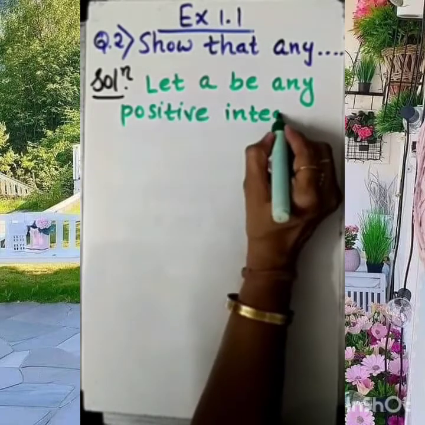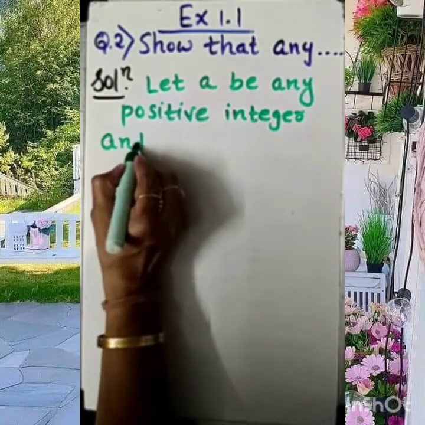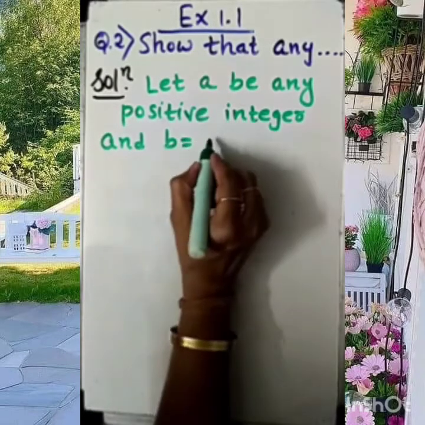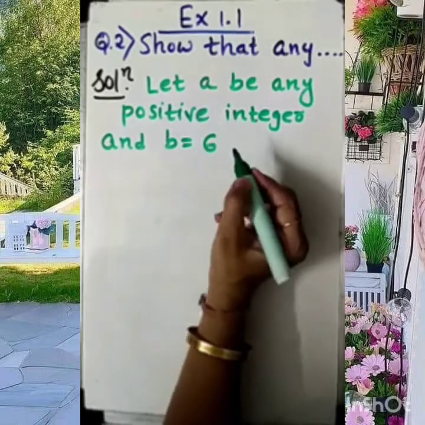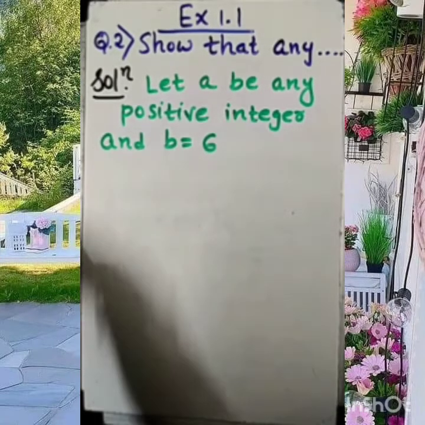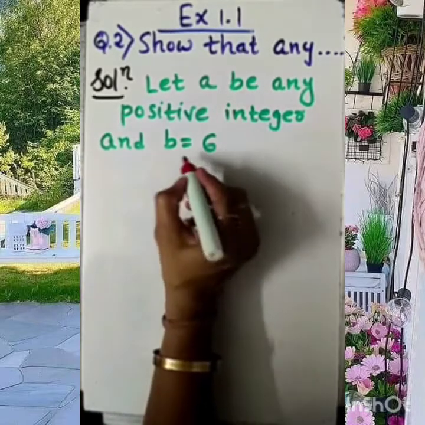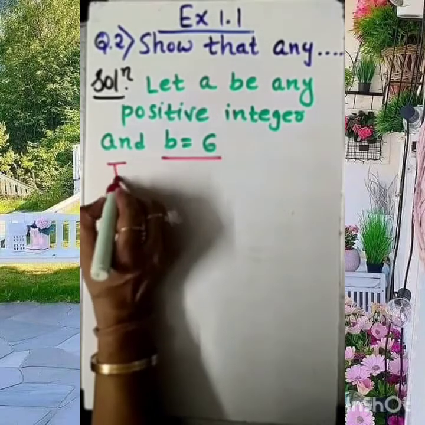A is a positive integer and B equal to 6, as we are considering according to the question.